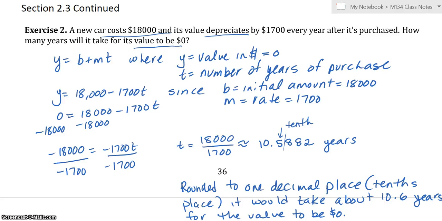By the way, this is the hundredths and this is the thousandths. If you're rounding to the thousandths place, on the other hand, you would leave that as 10.588. You would not add a 1 to that 8, because the one next to it is a 2, and that is lower than 5.